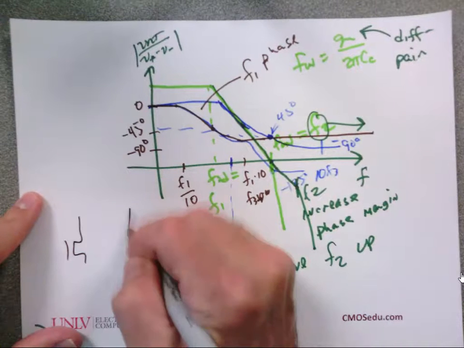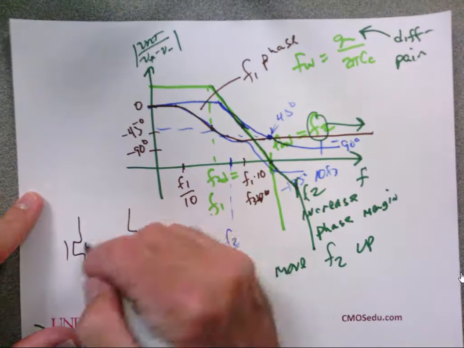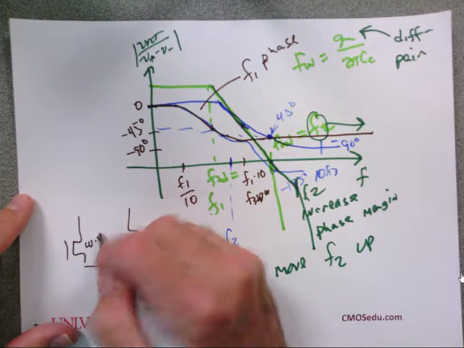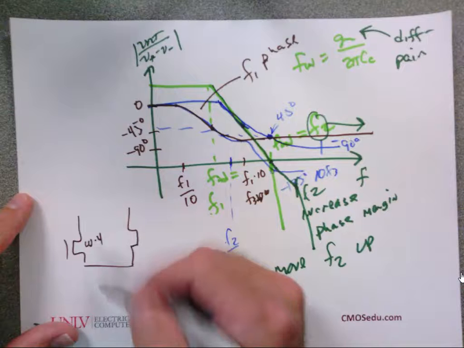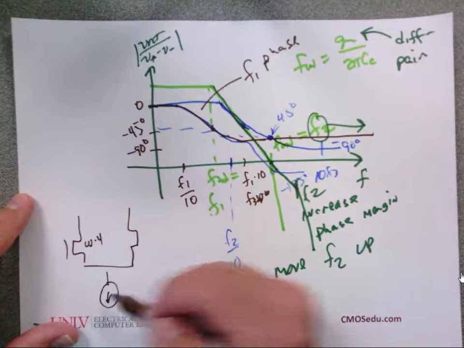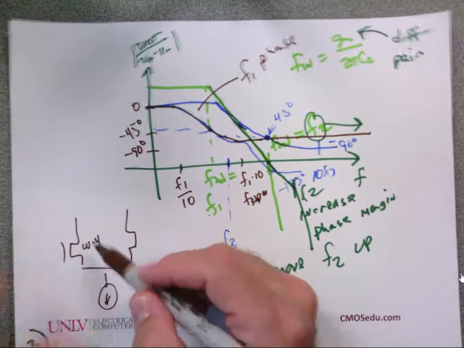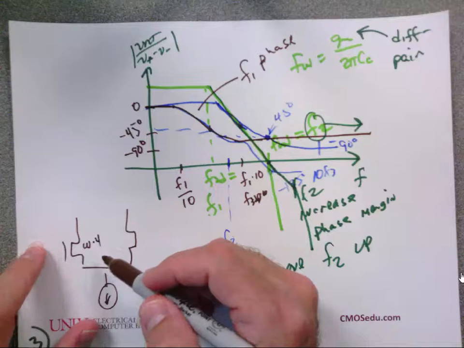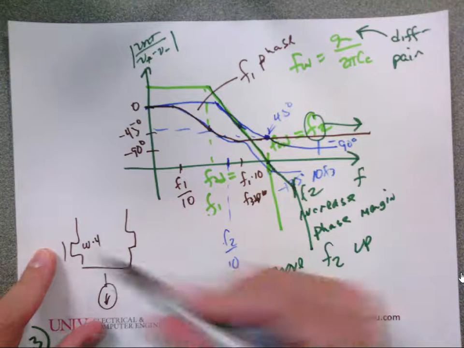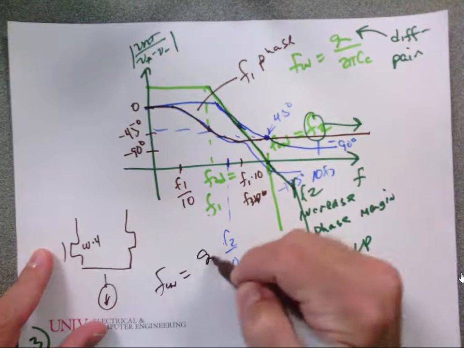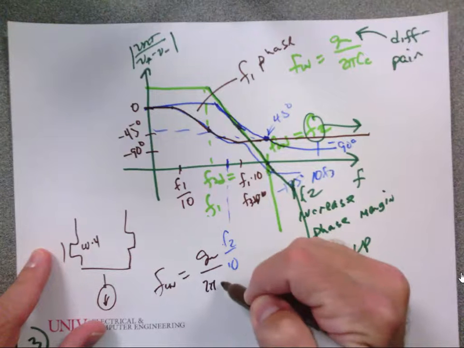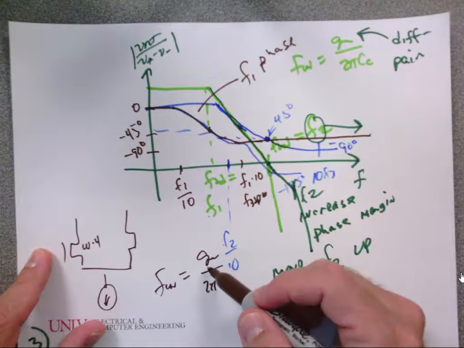If I go in the diff pair and I make these W's, say, 4 times the W, they're not setting the currents because there's a current mirror that biases them, right? But if I increase the width by a modest amount, then I can get a larger GM, and then my unity gain frequency, which is the GM of the diff pair over 2 pi C sub C, can go up a little bit.